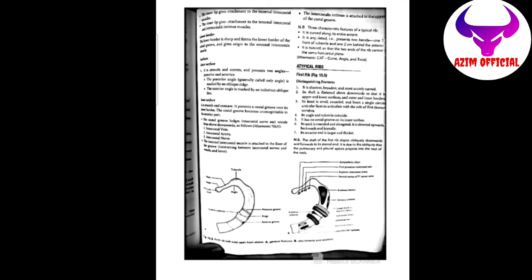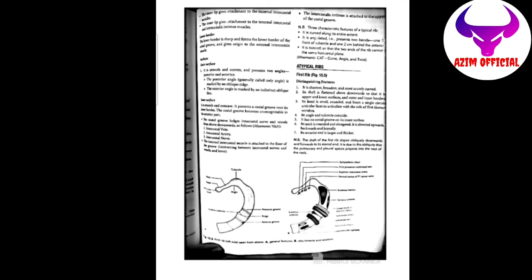And the superior or upper surface, you will find, is crossed obliquely by two shallow grooves. You can see anterior and posterior grooves, separated by a slight ridge. The ridge is continuous with the scalene tubercle, as you know. The anterior groove lodges the subclavian vein, while the posterior groove lodges the subclavian artery and the lower trunk of the brachial plexus also.